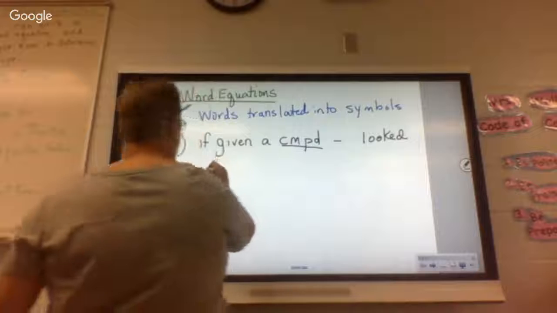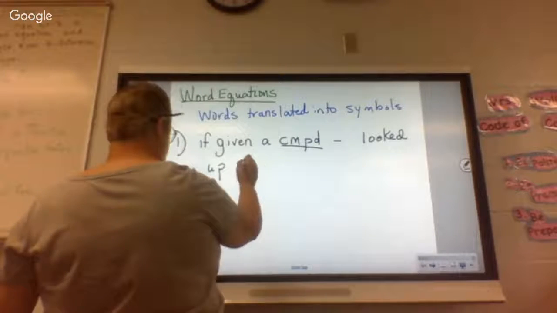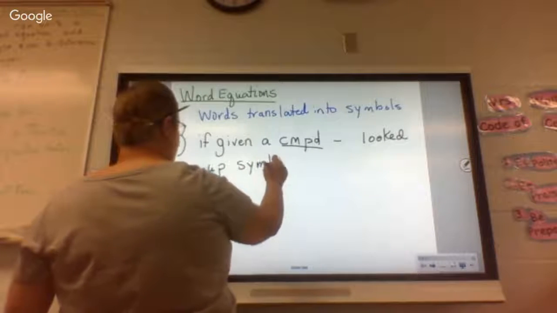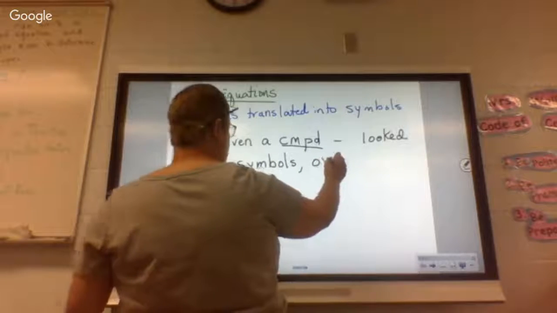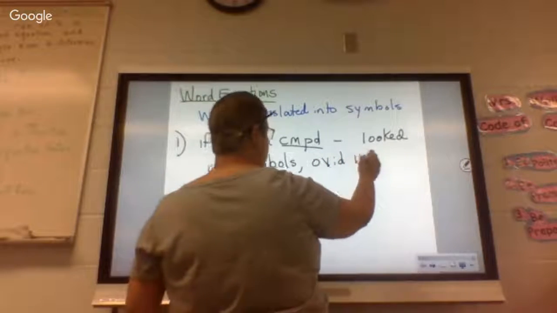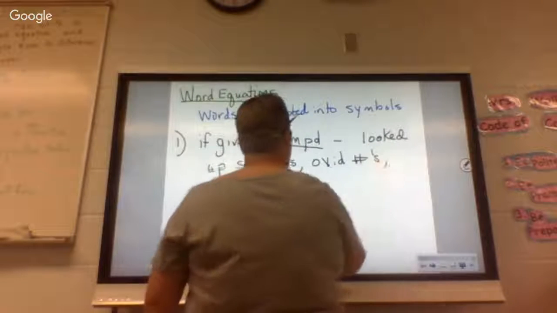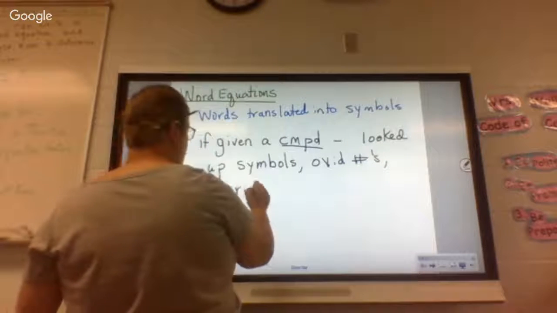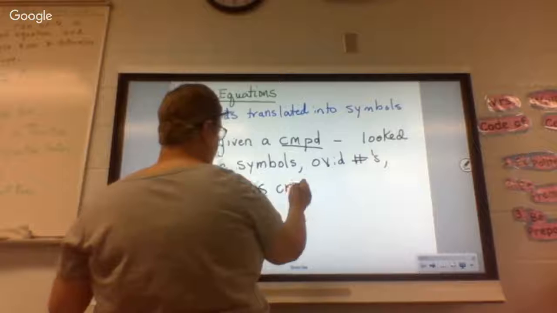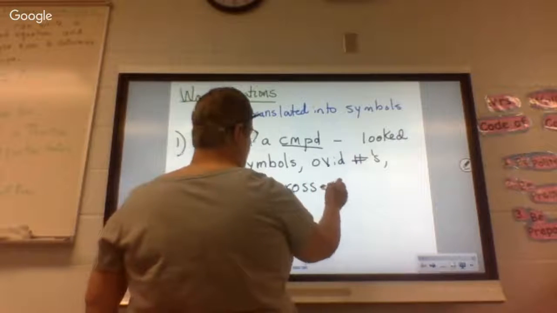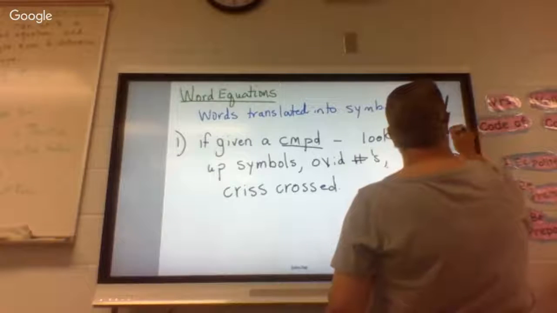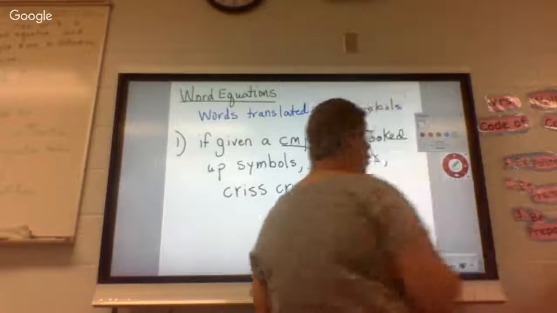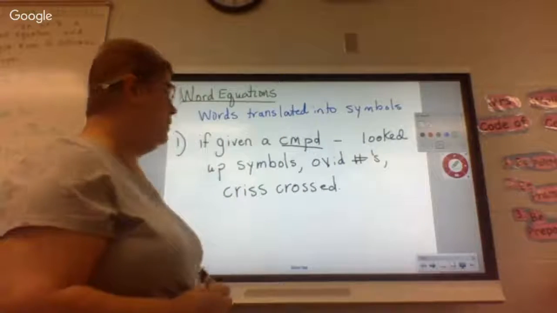Look to see if it's ionic or covalent. Look up the symbols on the periodic table, look up the oxidation numbers, and crisscross. Very rarely will I give you an old system name.